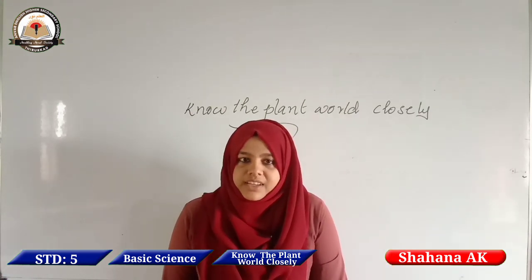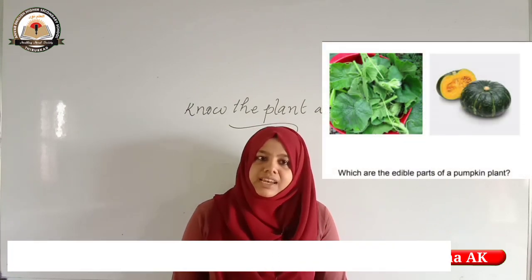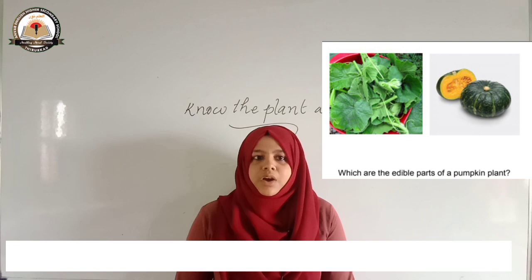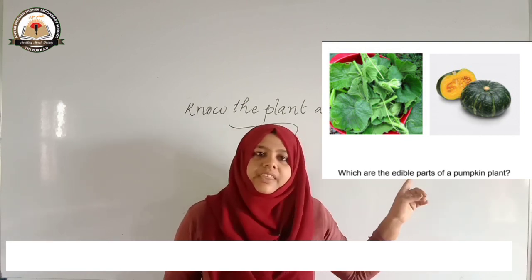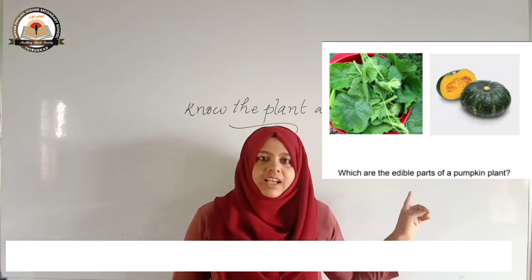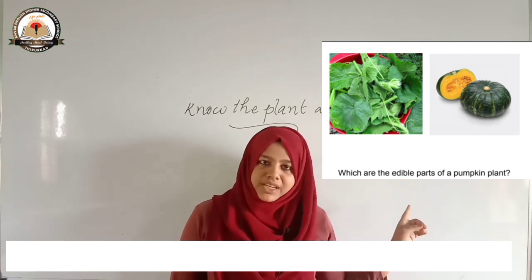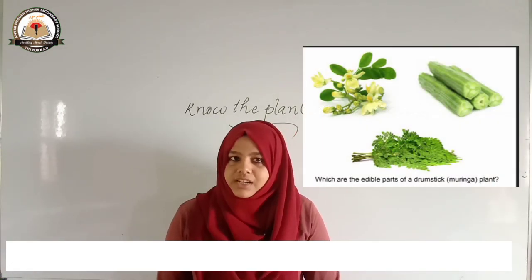What about pumpkin? We are having both the pumpkin and the pumpkin leaves for preparing curry and all, isn't it? So these are the edible parts in the pumpkin plant. What about drumstick? What do you mean by drumstick?